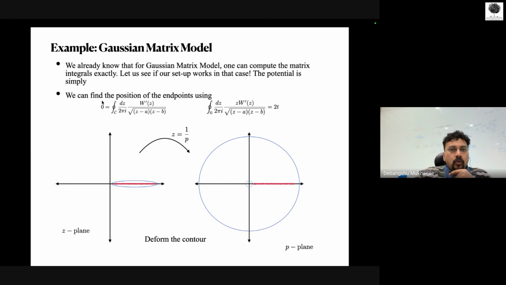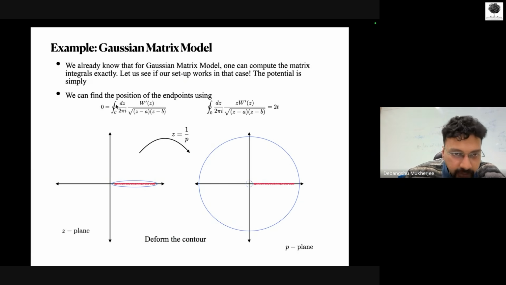Now, before assuming anything, let's just assume that our eigenvalues are distributed over some interval from a to b. In this diagram, the left end of this red colored line is a, the right end is b.